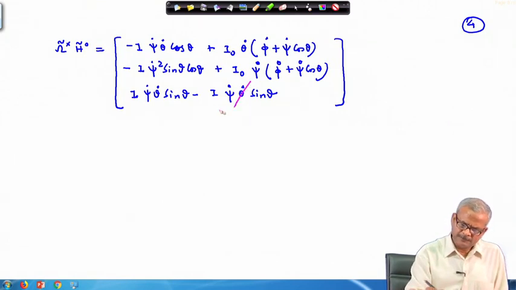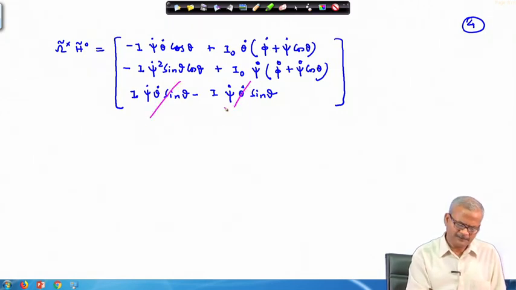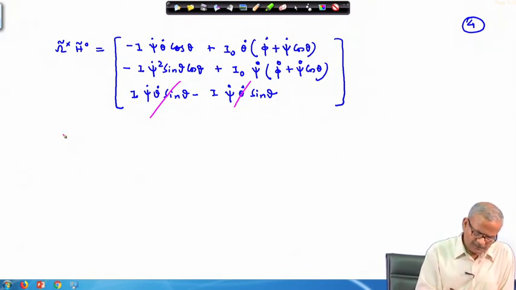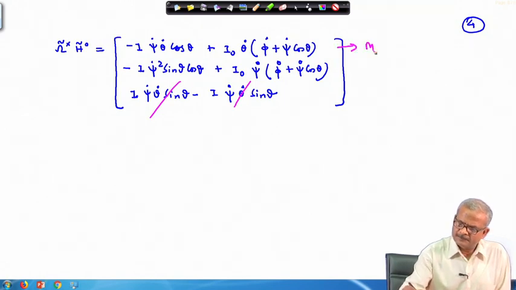So, these two will cancel out because they appear with the opposite sign. Okay. So, this becomes your m x part, this is the m y part, and this is the m z part.